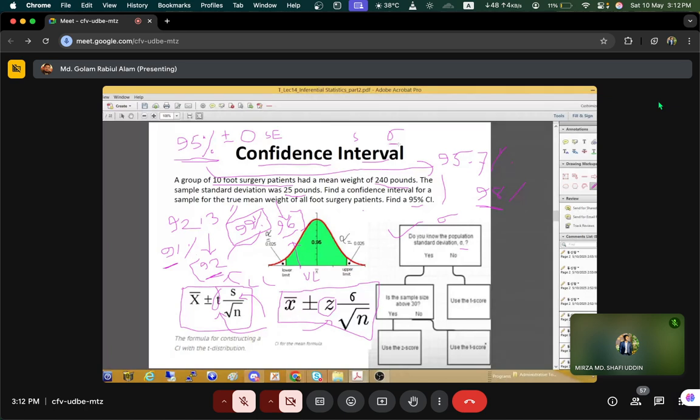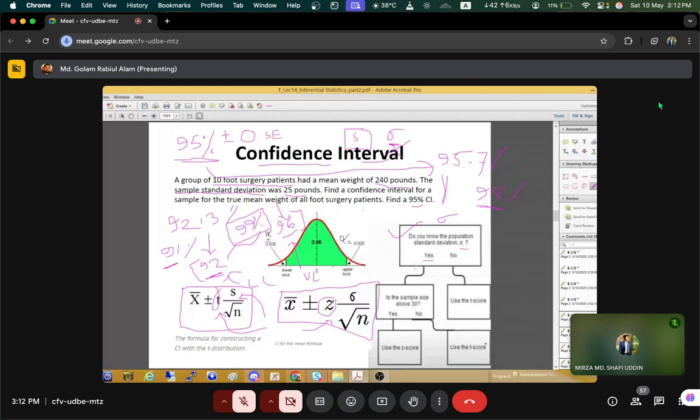Do we know the population standard deviation? In this description, we can see that the sample standard deviation was 25 pounds. That means we don't know the population one, we know only the sample. So if yes, that is, if you know the population standard deviation, then go in this direction.